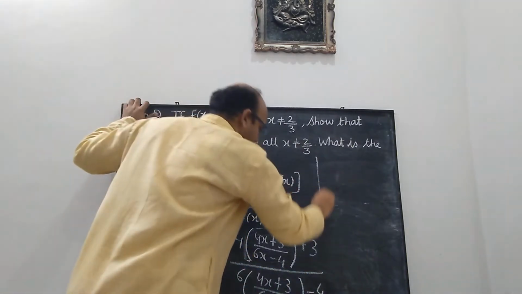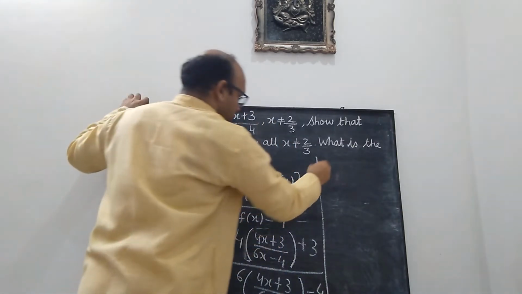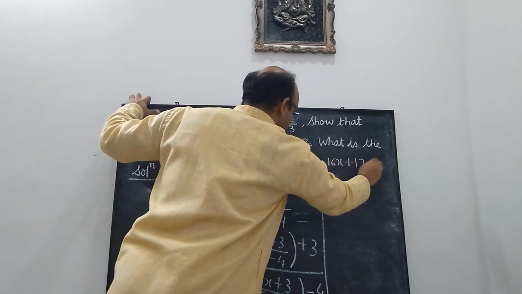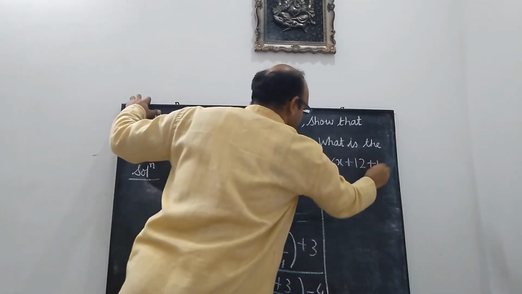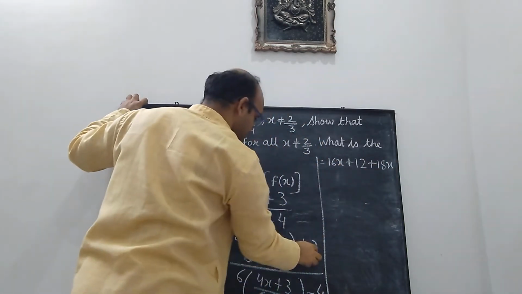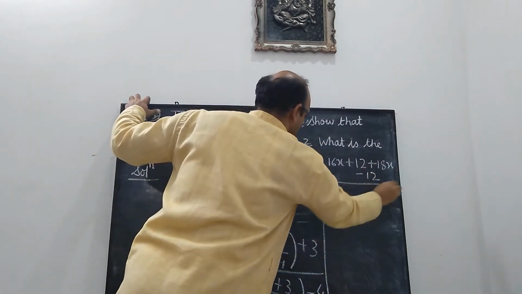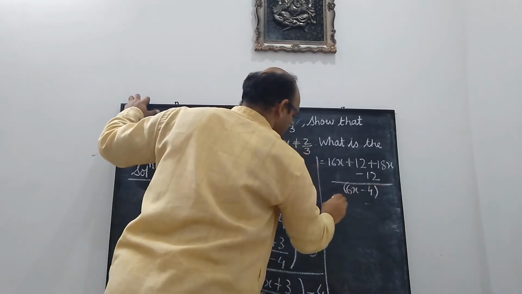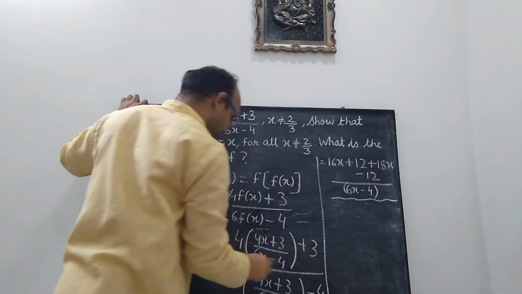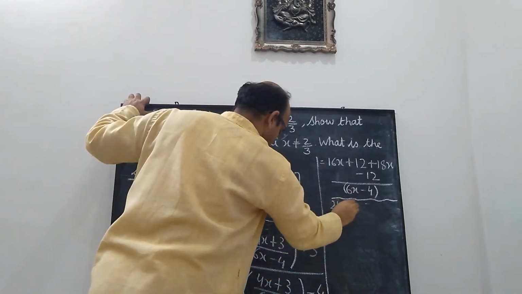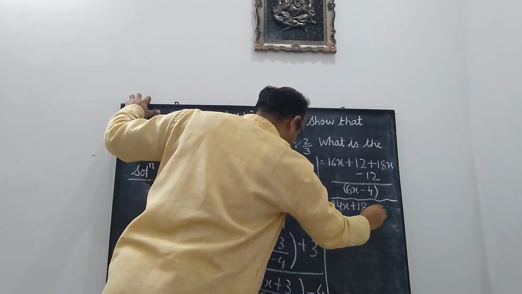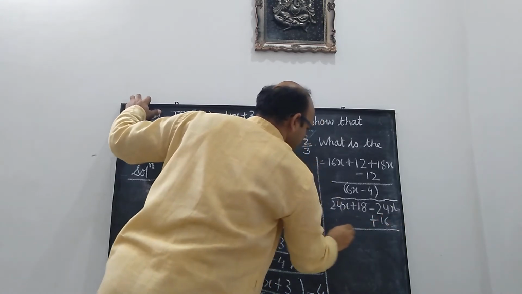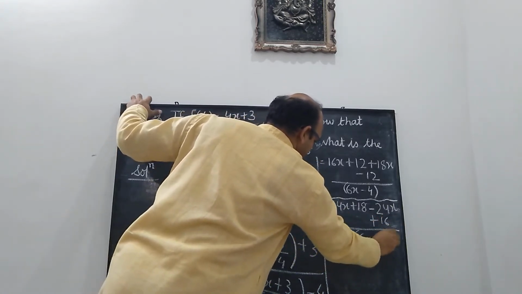Now if you further simplify, this will give you 16x plus 12 plus 18x minus 12 divided by 6x minus 4, whole thing divided by 24x plus 18 minus 24x plus 16 divided by 6x minus 4.